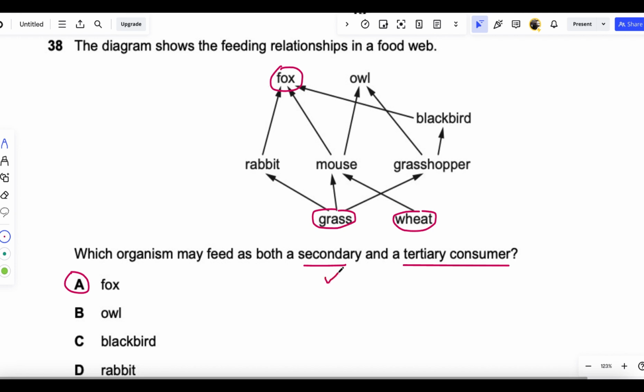If you go this route, mouse is primary consumer, fox is secondary consumer. Fox gets that secondary status. If you go here, owl is a secondary consumer also. If you go this route, grasshopper is primary consumer, owl is still secondary. Owl did not get a tertiary. If you go this route again, grasshopper is primary consumer, blackbird is secondary consumer, but there's an arrow going to fox from here, which makes fox now a tertiary consumer. So fox is acting as both secondary and tertiary consumer. That's why fox is the correct answer.